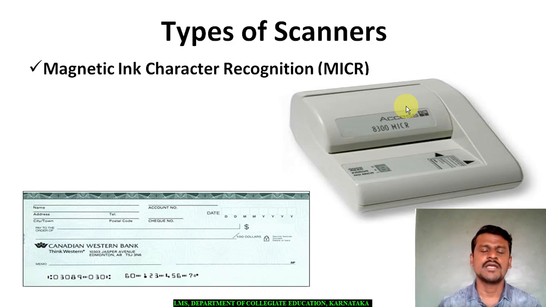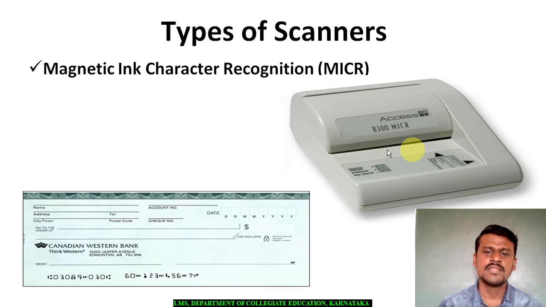That is, which bank and which branch ID it belongs to, and the customer account number will be read by the magnetic ink character recognition whenever we place this check within the scanner. When it scans, it will scan all the characters that were specially sprayed with special ink, so it becomes easy to recognize. So this is mainly used in the banking sector only.